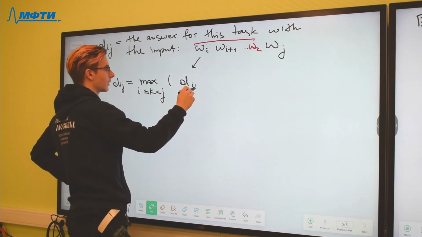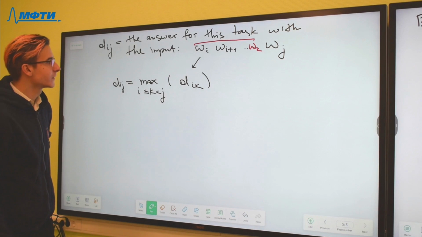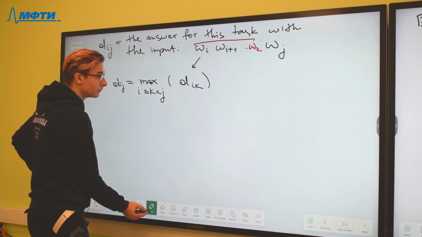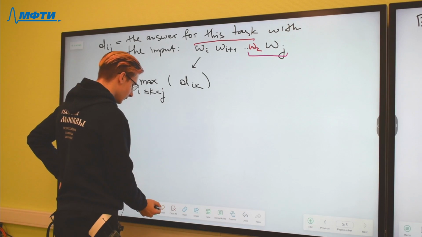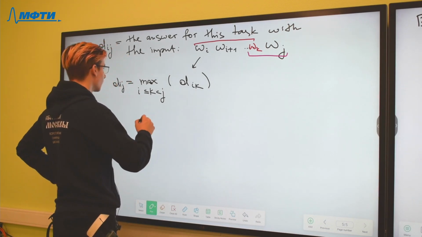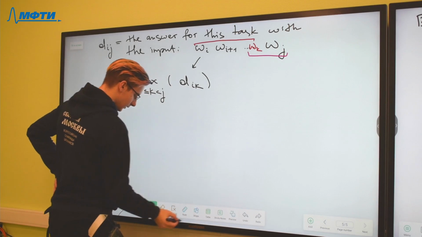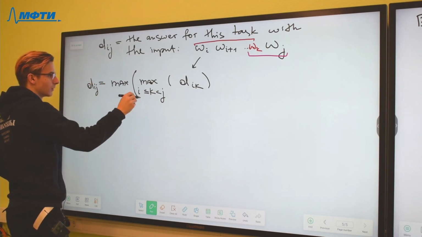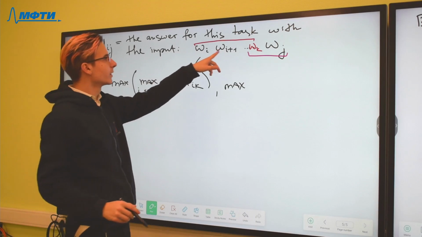But it is possible that the maximum palindrome will contain this part of the word, so we need to add here: D(e, g) is the maximum of these numbers, where k is bigger than e and less than g.